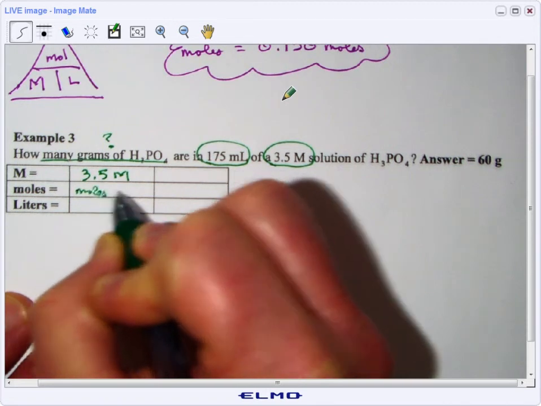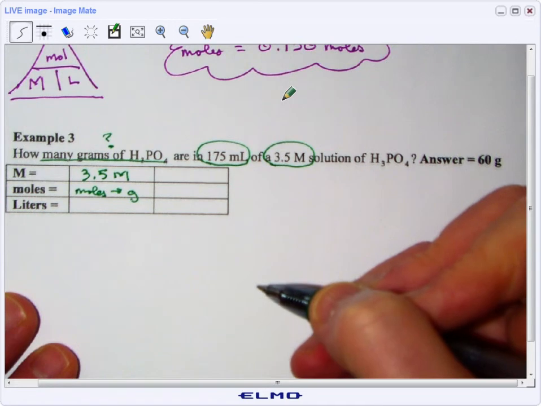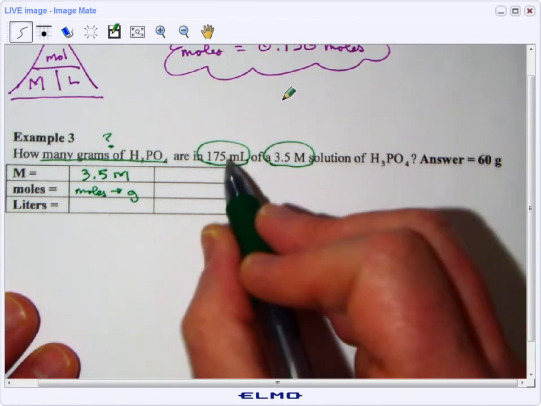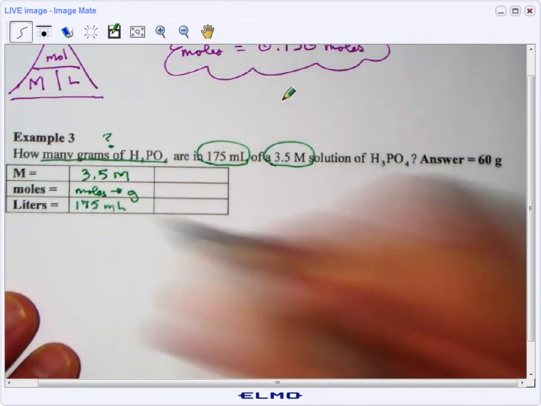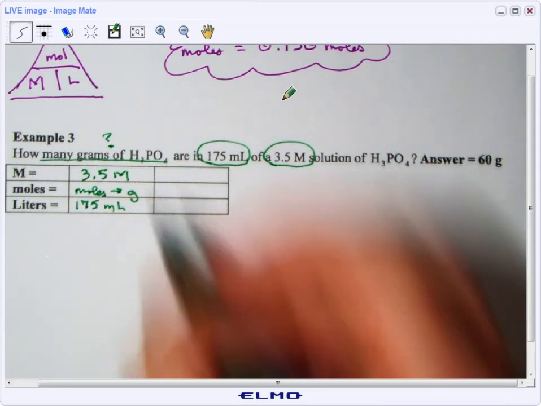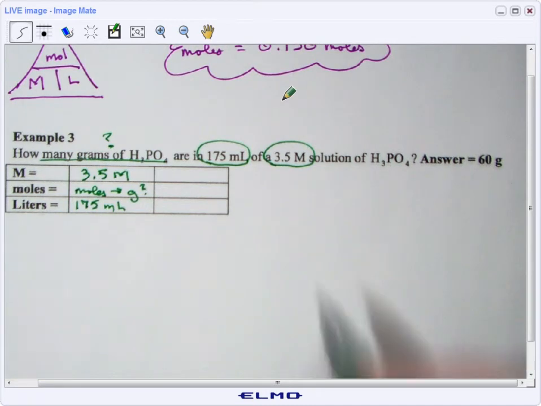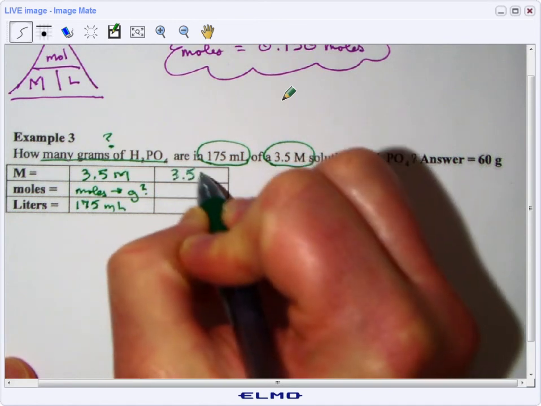So I'm going to have to take moles and change it into grams this time instead of vice versa. And they gave me 175 milliliters, so again I'm going to have to change milliliters to liters. Put a little question mark there because I'm looking for the grams. So I can carry this one over, 3.5.